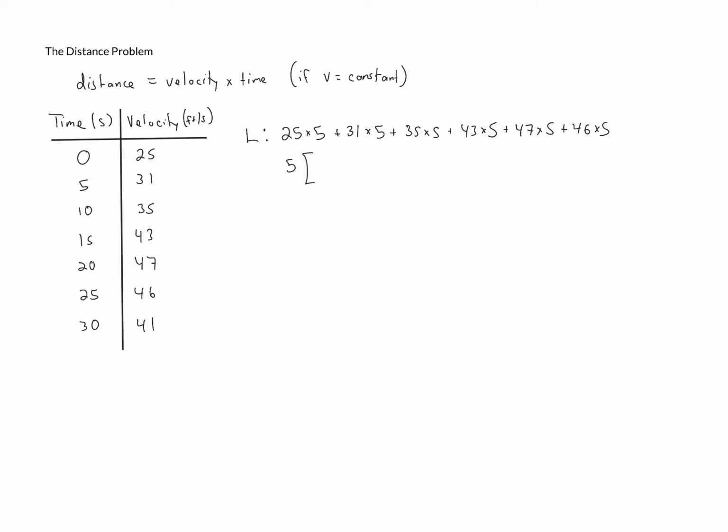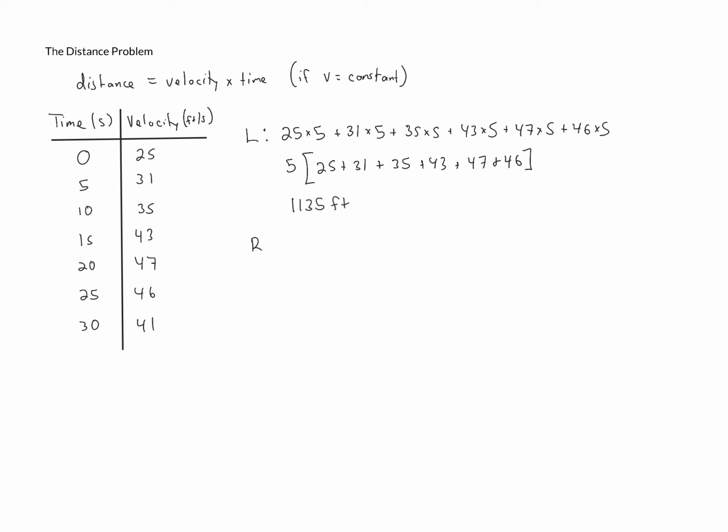And so it's 5 times 25 plus 31 plus 35 plus 43 plus 47 plus 46. And when we do all of that math, we get 1,135. And because this is a distance and we're measuring distance in feet here, we have 1,135 feet using the left endpoints of each of those intervals.